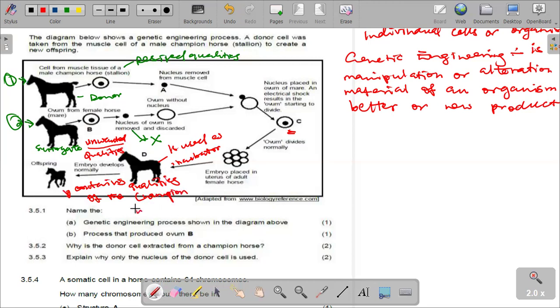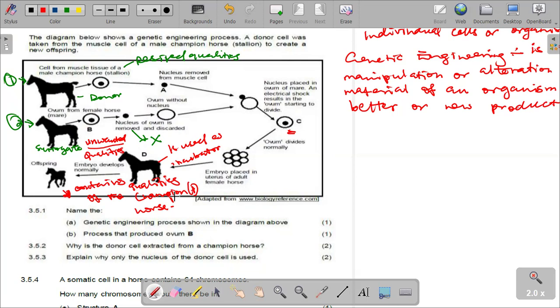All the characteristics that are in this new baby, this offspring, are a replica from the champion horse there, which is horse one. Like I've said in the first place, horse one has got all the qualities that are being reproduced in the offspring that we are seeing here being born.